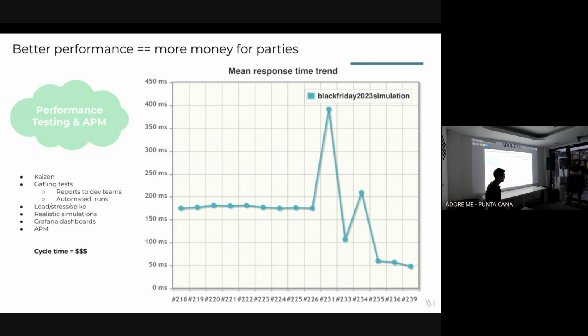Every cycle you have this stress testing, then you have APM profiling the code, the SQL queries, etc. Optimizing, and then restart. And this is an example. We did some simulation, and you see the average load time decreased because some people removed some heavy code that they had.